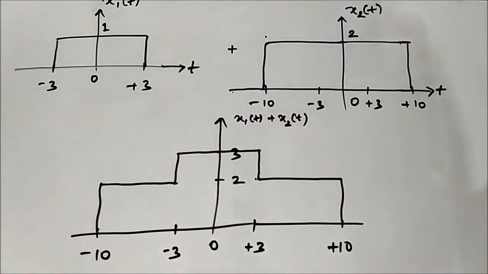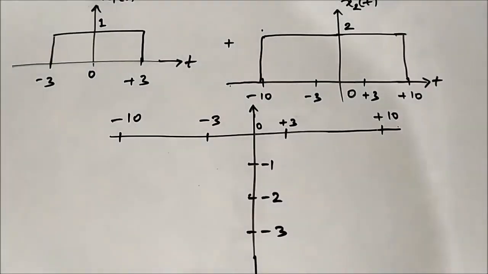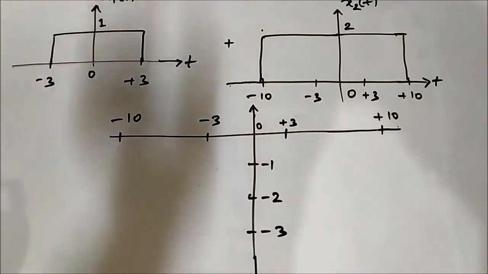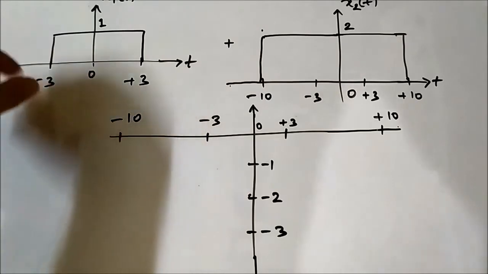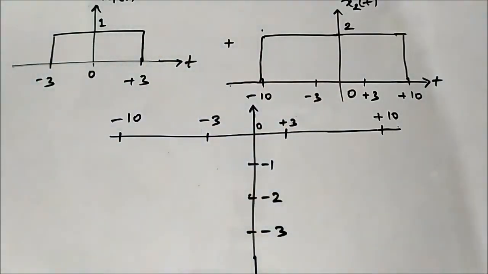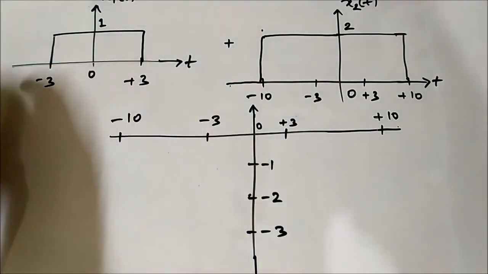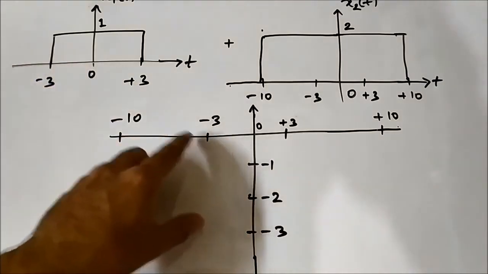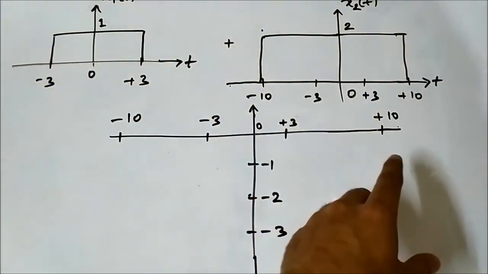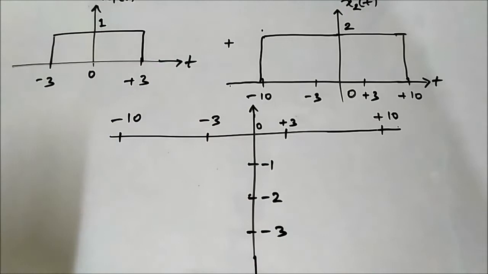Now let us perform x1(t) minus x2(t). So here we will perform x1(t) minus x2(t). We will determine that. So the same principle. We have to consider the amplitude at the respective instants. Now again, from -10 to -3 and from +3 to +10, x1(t) is 0.